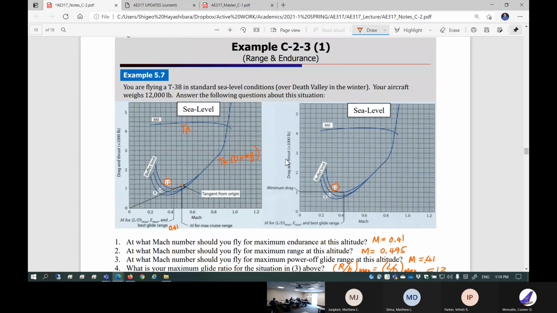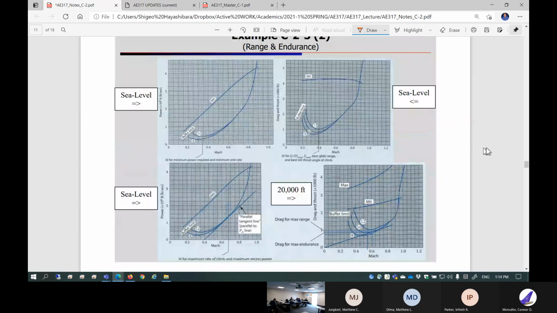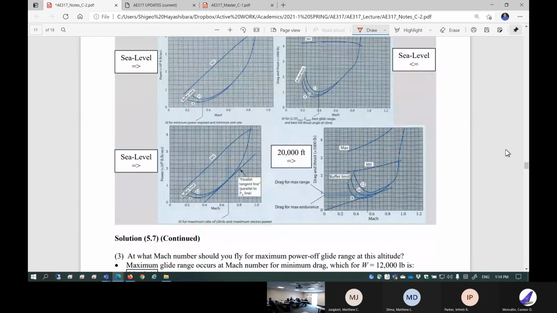You need to have a power plot. Oh, yeah, okay, now I got it. It's on the next page. So on the next page, you actually have a power plot.